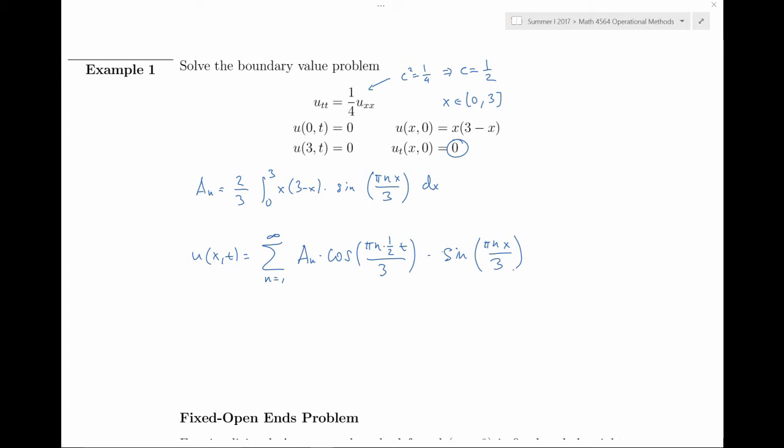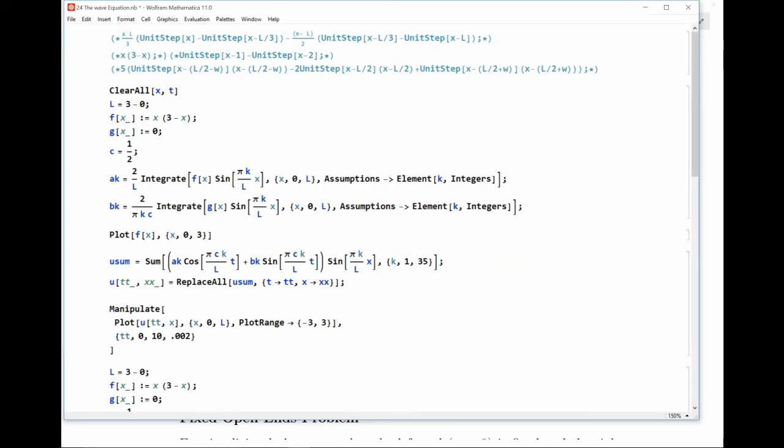Again, I don't want to compute the coefficients a_n by hand. We can use mathematics instead. So here's the setup. L is 3, there's my f of x, g of x is 0, c is 1/2. Each coefficient a_k is computed as a sine series expansion of f of x.